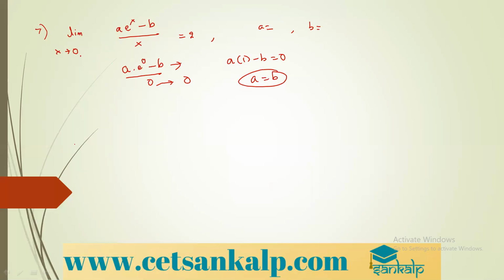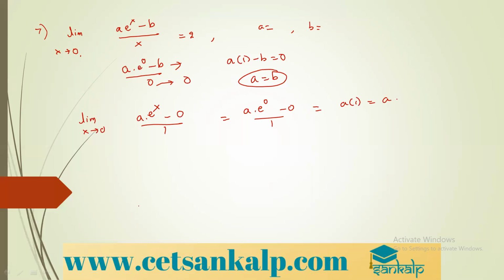That we know it. So I will apply L'Hopital's rule. a is a constant. Derivative of e power x is e power x. Derivative of b is 0. Derivative of x is 1. Now if I put x as 0, I will get a into e power 0 minus 0 by 1, and that is a into 1, which is a.